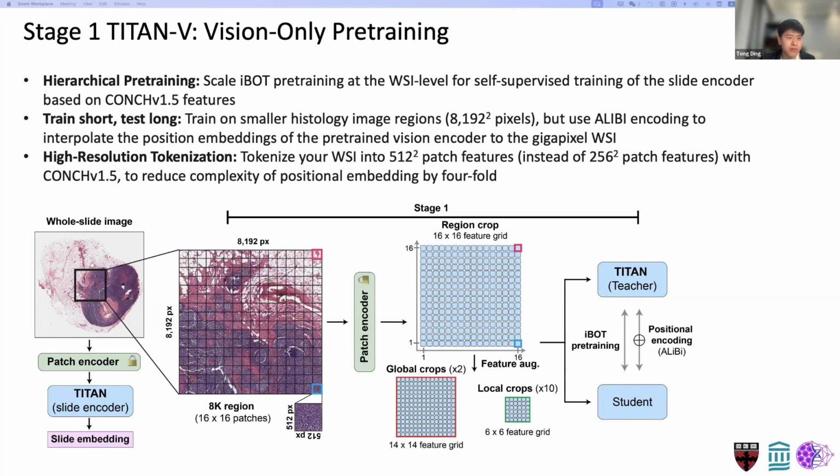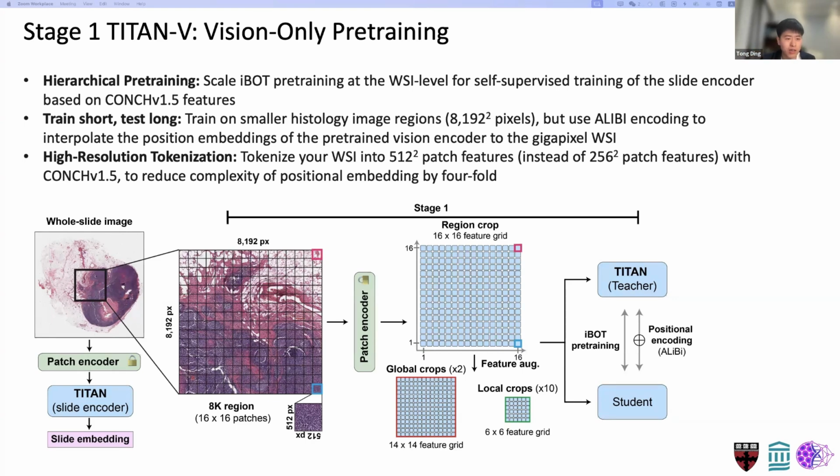It's similar to our patch level training, where in the vanilla vision transformer, we use a patch size of 16 by 16 and an embedding layer to embed that 16 by 16 pixel patch into a token as the input of our transformer layers.